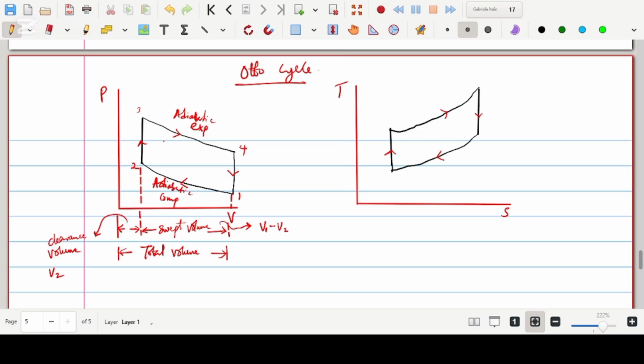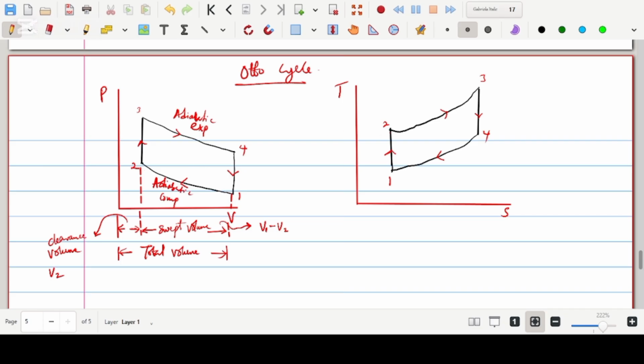For the PV diagram, process 1 to 2 is adiabatic compression, and 3 to 4 is its twin brother. For an adiabatic compression on a PV diagram, this is how it goes.